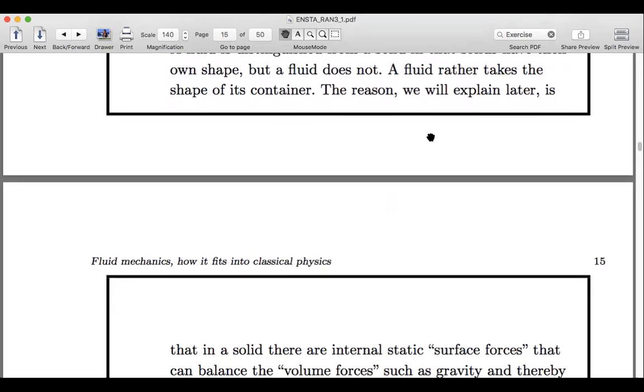We're going to understand that at a fundamental level by looking at the internal stresses of the fluid. I can't be more than vague about it now because I have to define what those terms mean, but the internal forces acting on the surfaces of the fluid depend on the fluid motion.